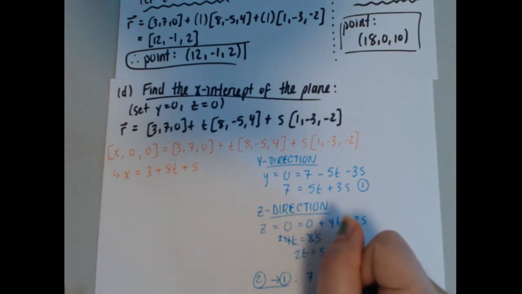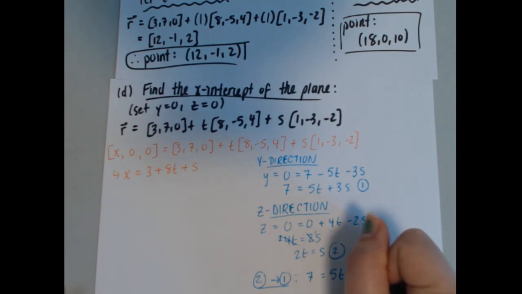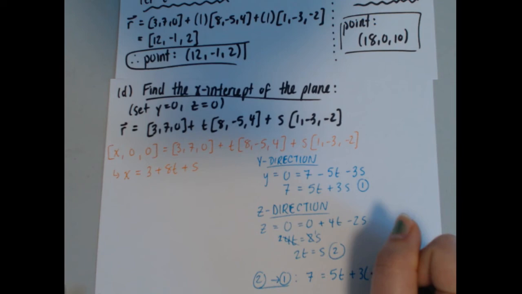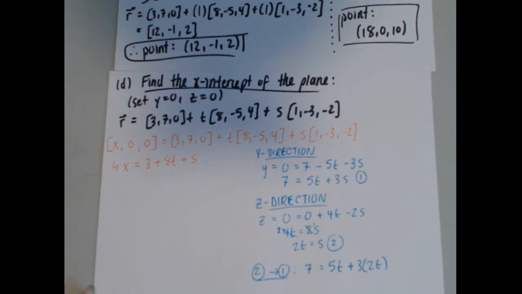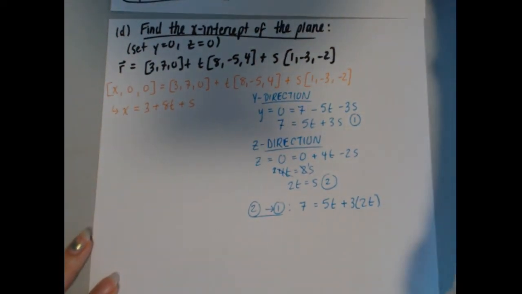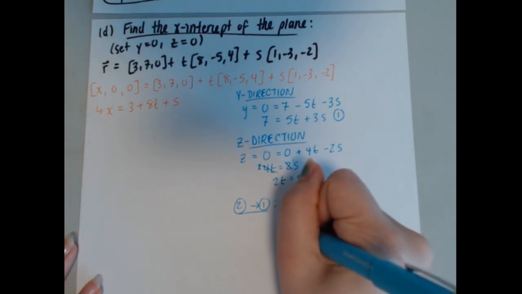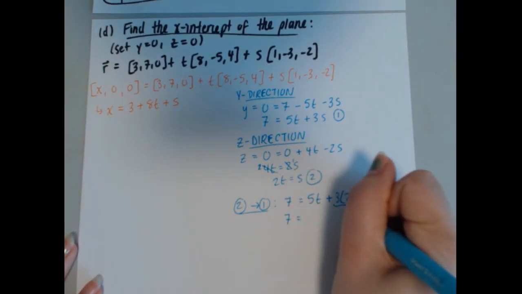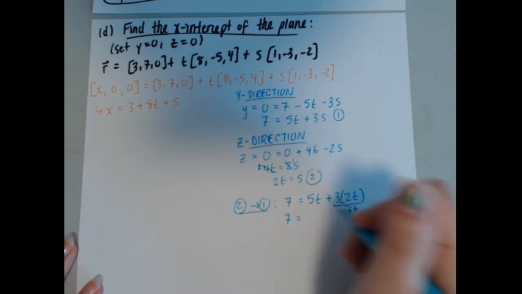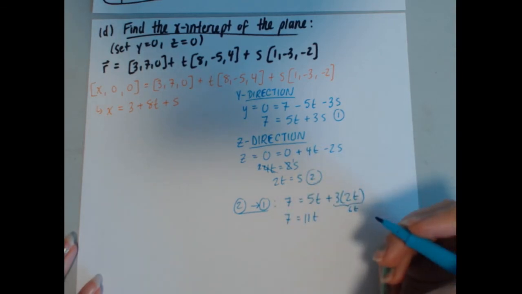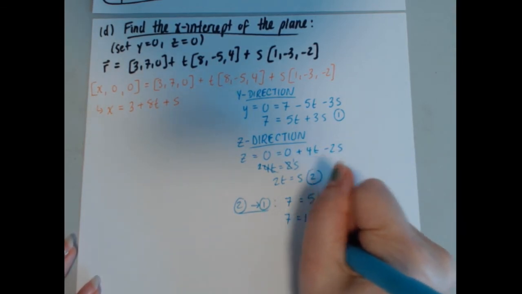So 7 is equal to 5t plus 3s, and s is 2t, based on equation 2. So 7 is equal to, that's going to be 6t on the right. So 5t plus 6t, that's 11t. So t is equal to 7 over 11.